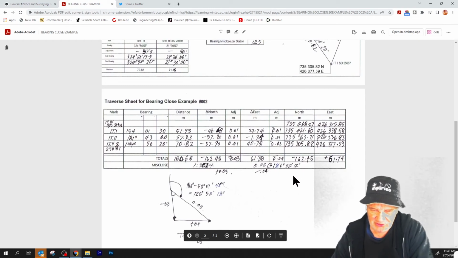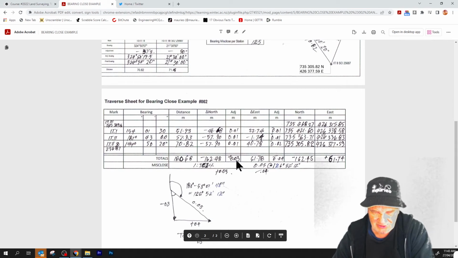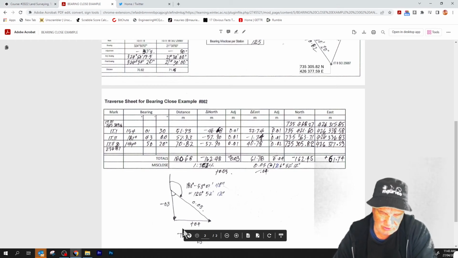Same for the eastings. Now let's look at the misclose. To get back home, or to get to this one here, we've got to go the opposite. So it's -3, which is down, and +4.